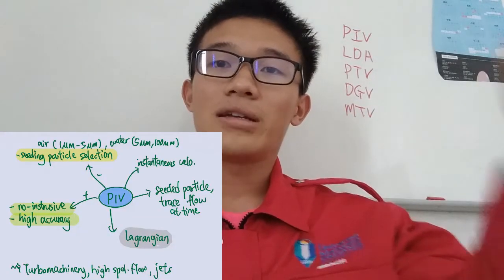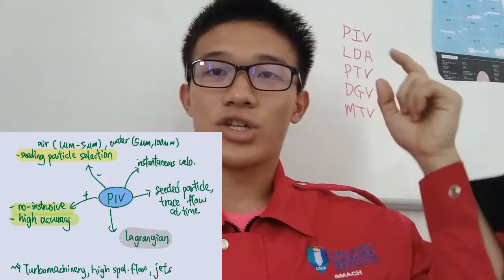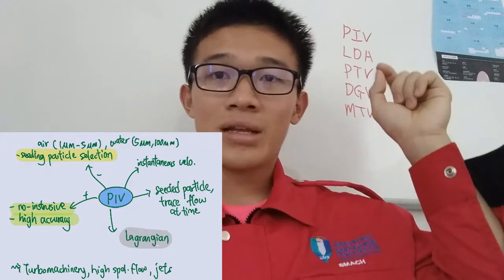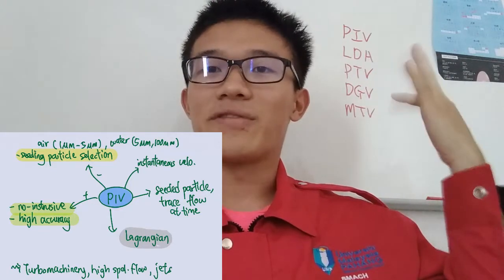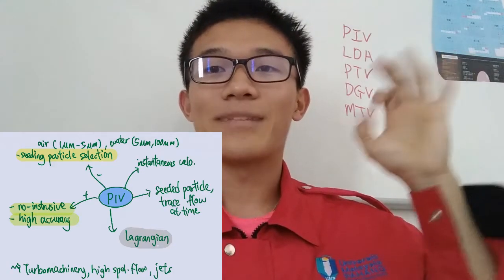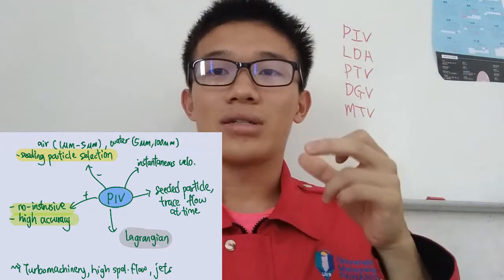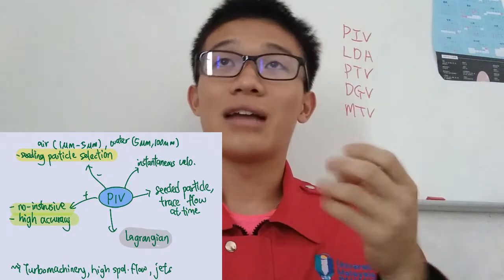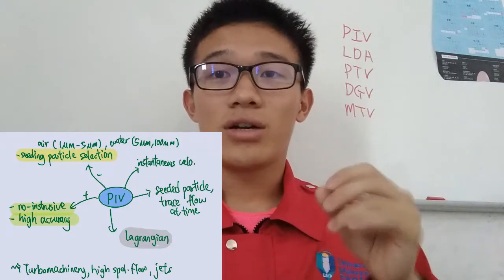First, I want to describe the method of PIV. PIV is particle image velocimetry, which uses the Lagrangian method, the same as the 5 methods here. Lagrangian is a method of tracking the particle and calculating its location at a specific time, and velocity equals location over time.